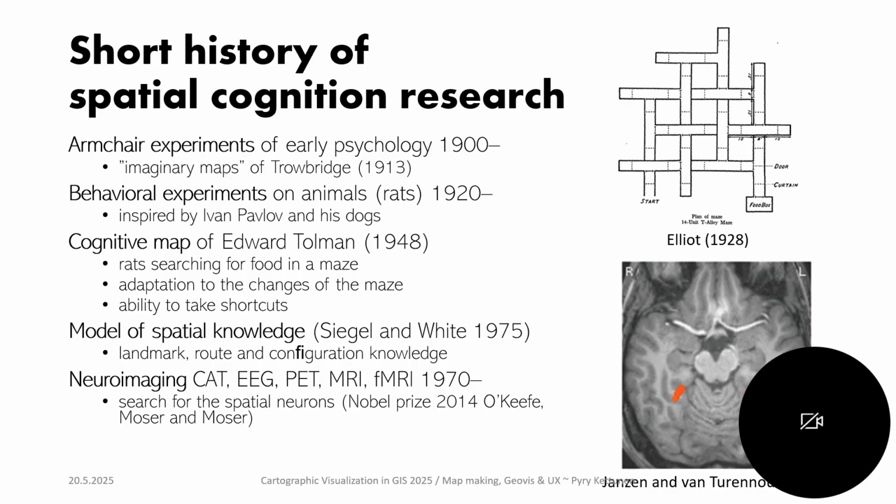So landmarks being those objects, routes being connected views between these landmarks in a sequence. And then configuration knowledge being the one that actually allows for these shortcuts for the rats, for example, so that we can understand putting these objects in some coordinate system, we could say in geographic terms.